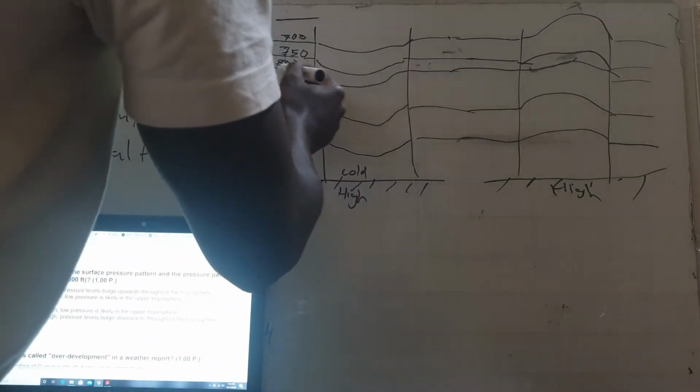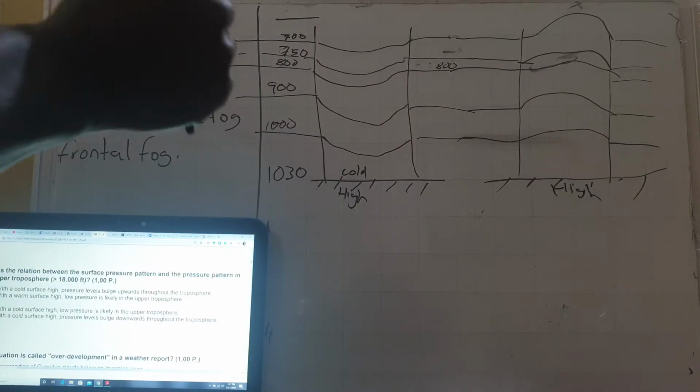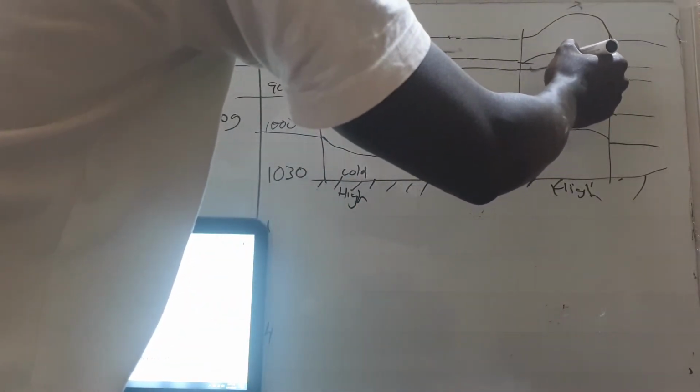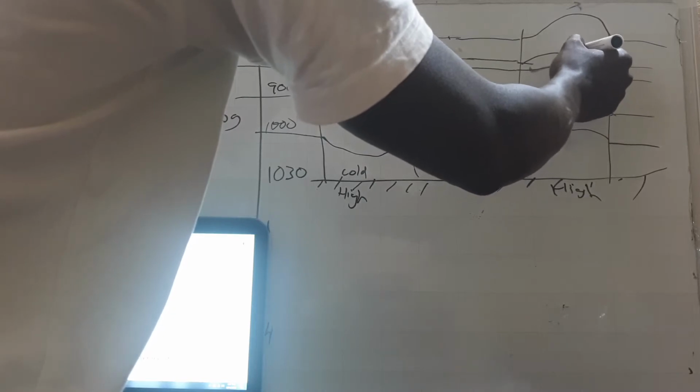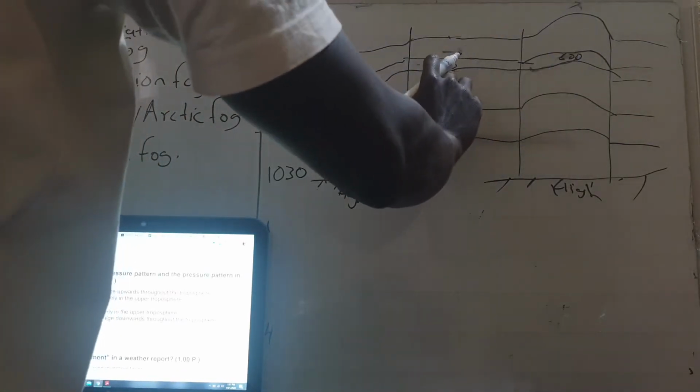On a normal day, here we have 800, but in a high pressure area, the 800 is at a higher level, 800 is here. So at high level, you have higher pressure than normal.